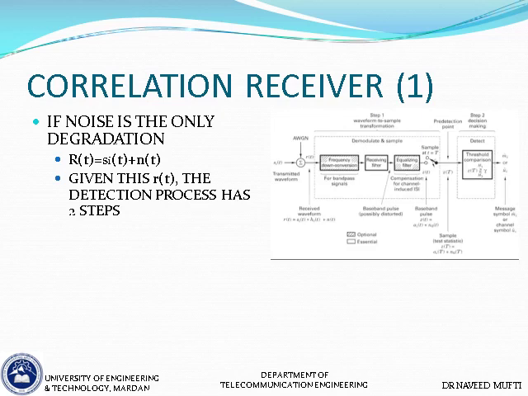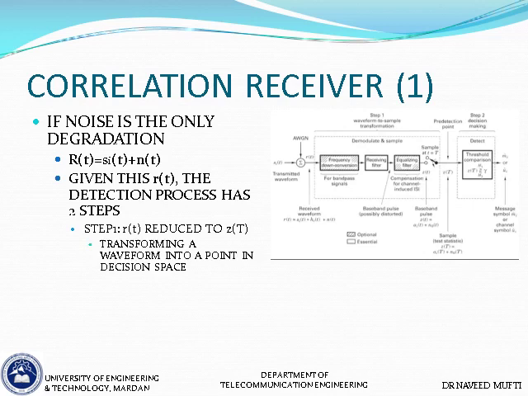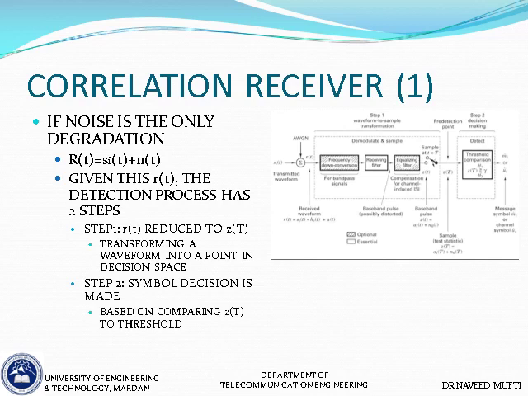So in this step we are transforming a waveform into a point in decision space. And in step 2, a simple decision is made, based on comparing our sample value z(T) to a threshold. Basically it translates into determining in which decision region the point is located.